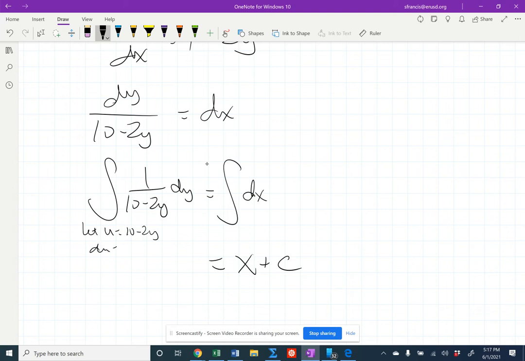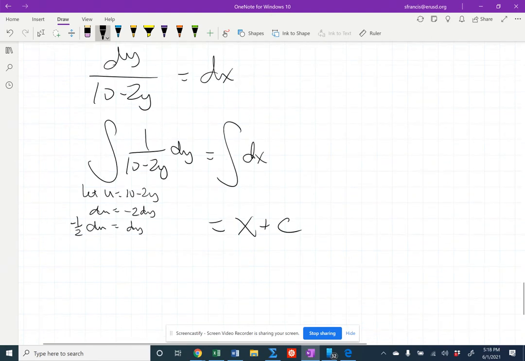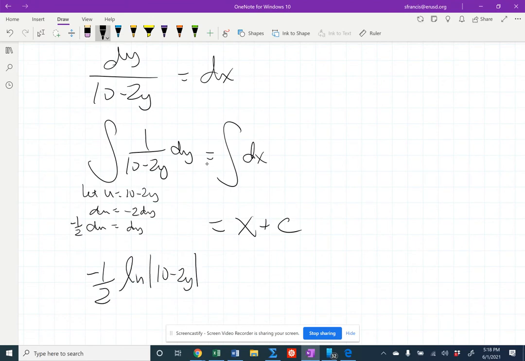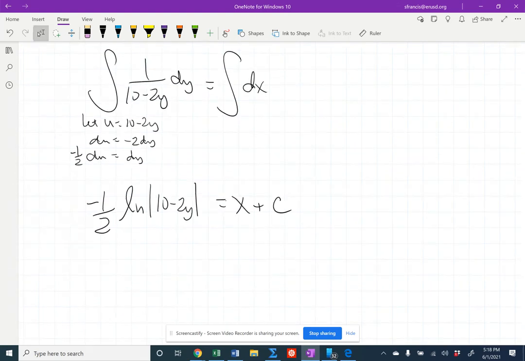So that means du is going to be negative 2 dy, and we're going to need a factor of negative 1/2 to balance this out. So we end up with a negative 1/2 natural log absolute value of 10 minus 2y equal to x plus c. Some of you forgot that negative 1/2 because you didn't do the substitution, so that definitely causes problems.